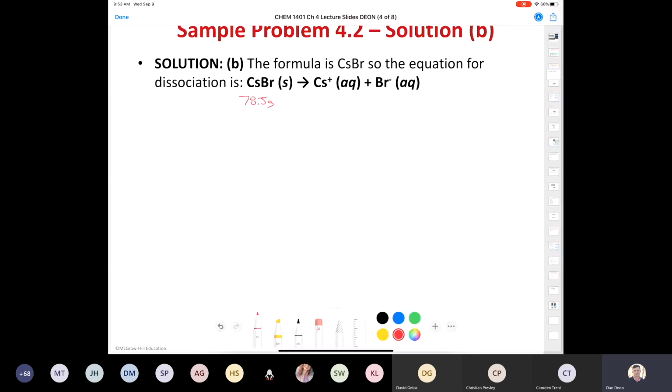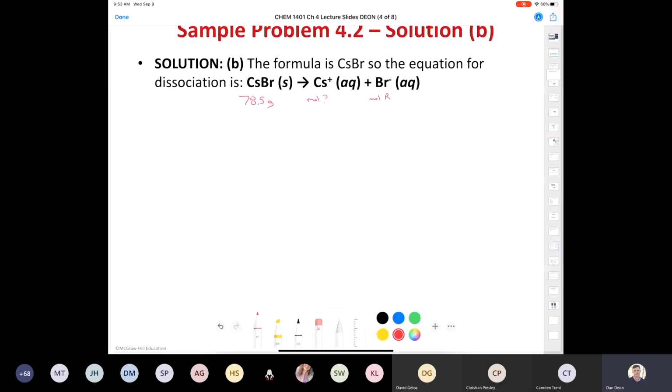My 5 is kind of ugly, let me fix it. How many moles of cesium ions are we going to end up with? And how many moles of bromide ions are we going to end up with? That's what we're trying to figure out.